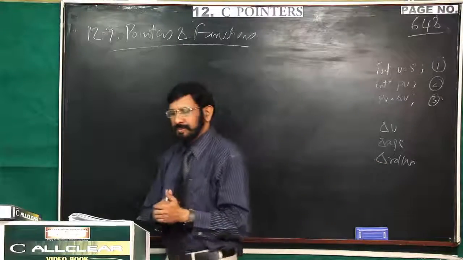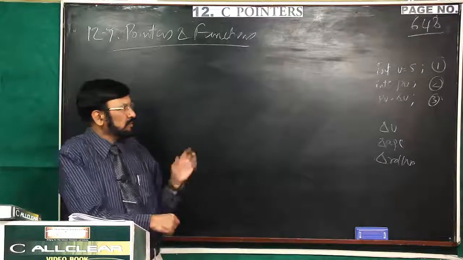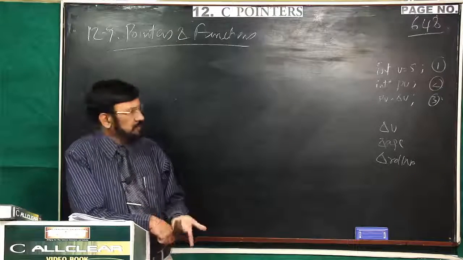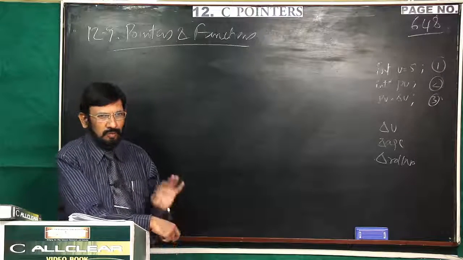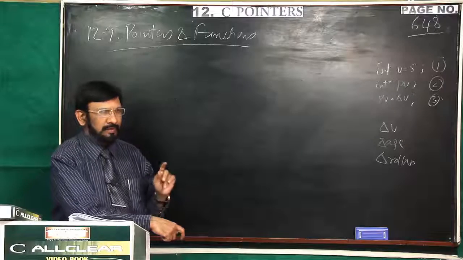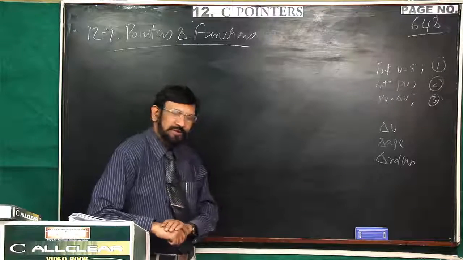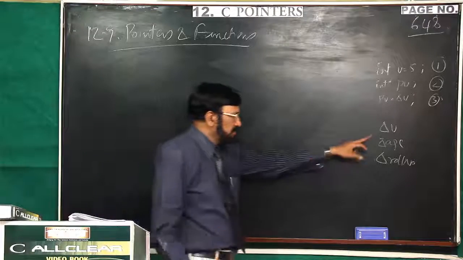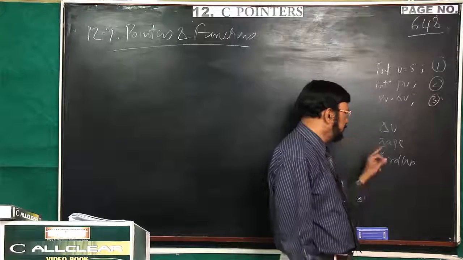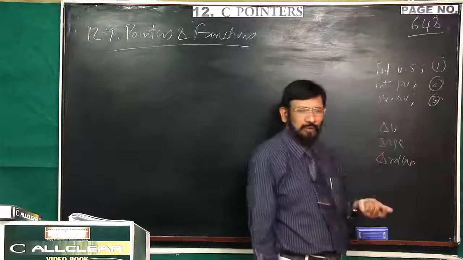In the same manner, a function also is stored in memory, so it should have an address. So, you must realize that every function also should have an address. And what notation do you write in case of variables? Ampersand v, ampersand age, ampersand roll number.